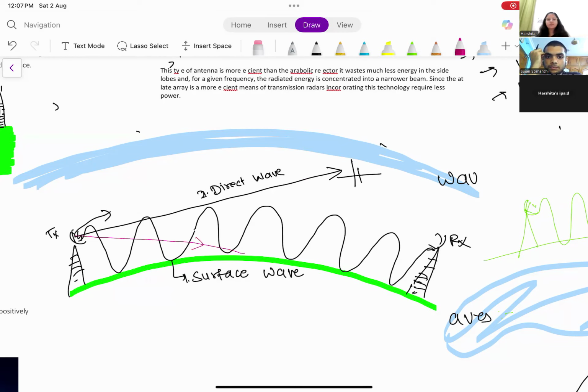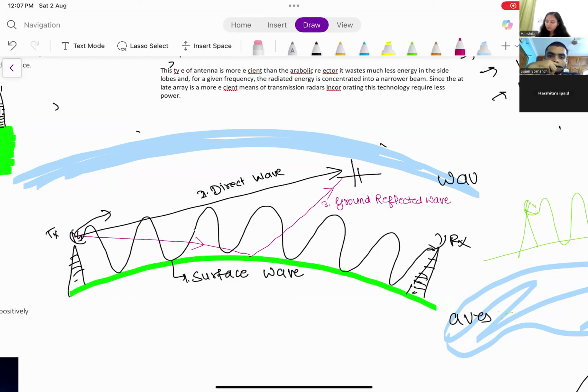Yes. Number three, we had seen a wave that went to the surface of the Earth, reflected back and reached the receiver. This number three wave was known as the ground reflected wave, correct?